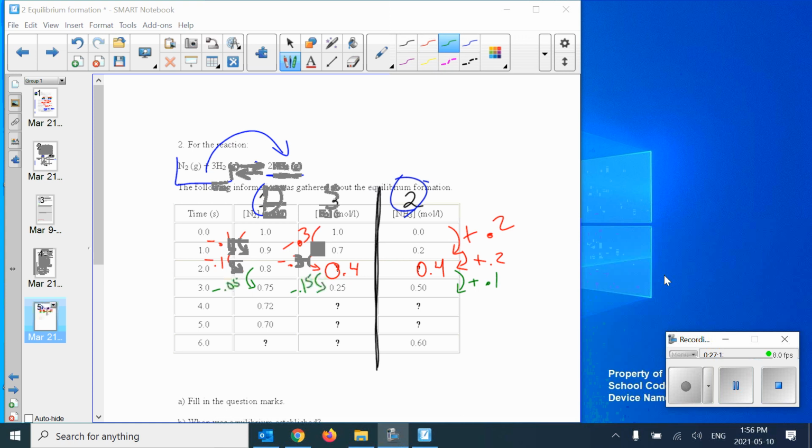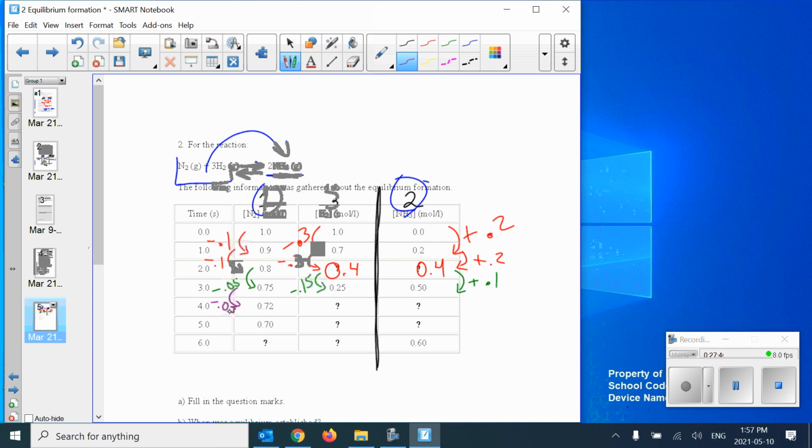75 to 72. It's 0.03. That's down 3. Now, between N2 and H2, it's always a 1 to 3 ratio for the change. Okay. So what's the change going to be on the next one?